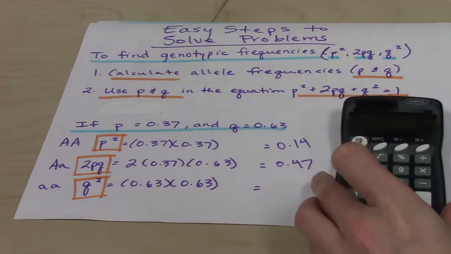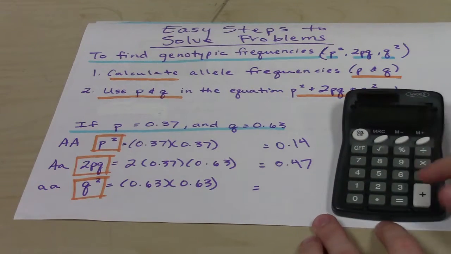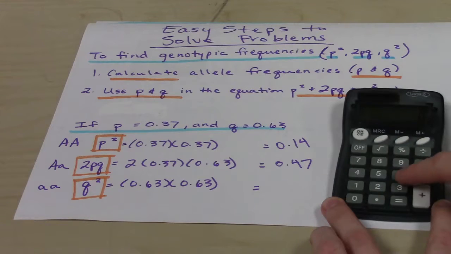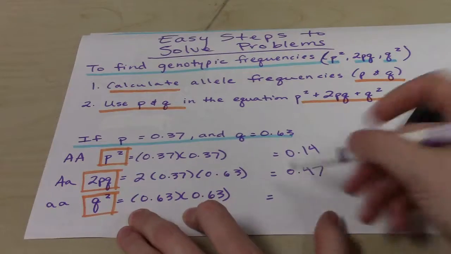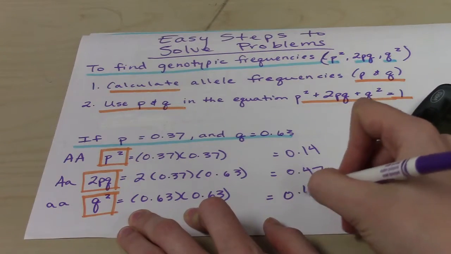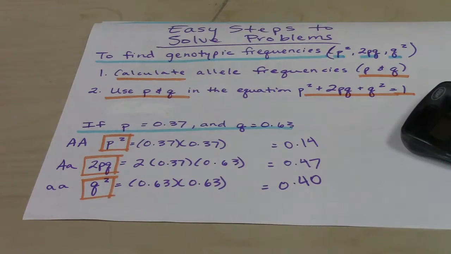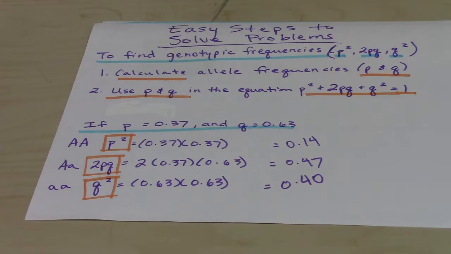Either way, I'll just use my calculator here to do Q squared, so 0.63 times 0.63 equals 0.4, or 0.39. And if you add these values together, they will equal pretty close to 1.